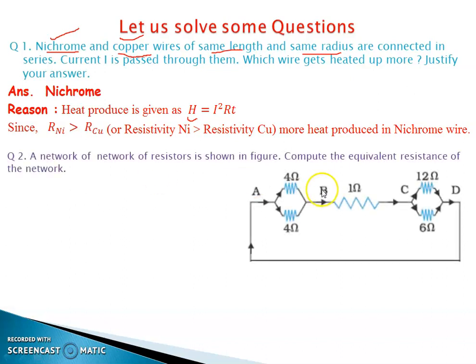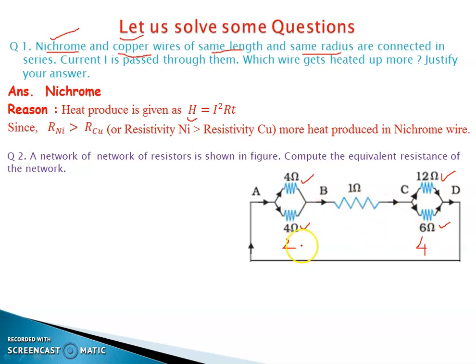Second question, in this network we have to find the equivalent resistance. Now see, these two resistances are in parallel, so their equivalent resistance will be 1 by R equal to 1 by R1 plus 1 by R2, meaning the equivalent resistance is 2 ohm, right? Here the equivalent resistance is 2 ohm for this loop. Now see this loop. In this loop, these two resistances are also in parallel. 1 by 12 plus 1 by 6 is equal to 1 by R. It means the equivalent resistance is 4 ohm for this loop.